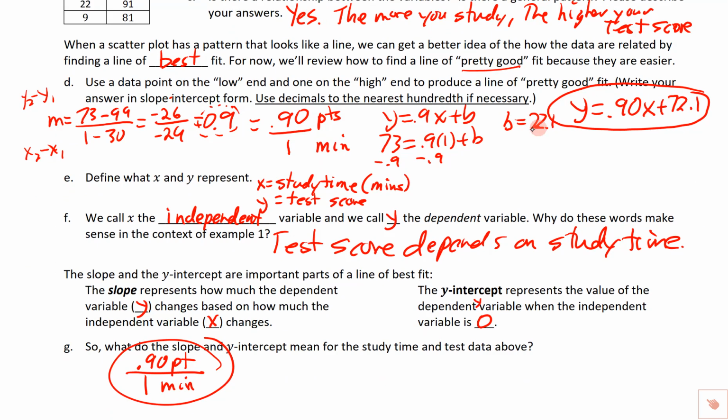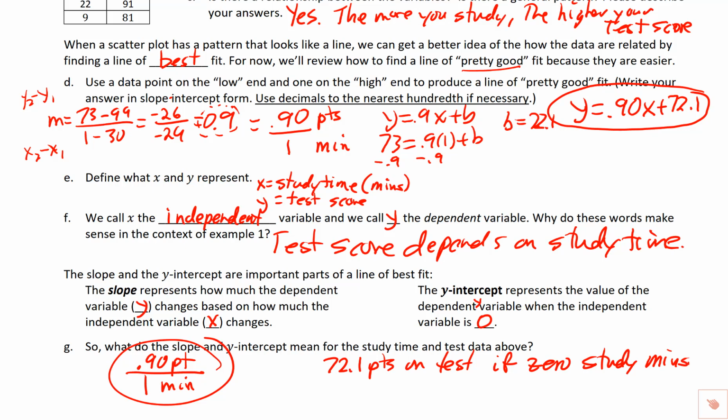On this one, the y-intercept is 72.1, so you'd get 72.1 points on the test if 0 studying. If 0 study minutes.